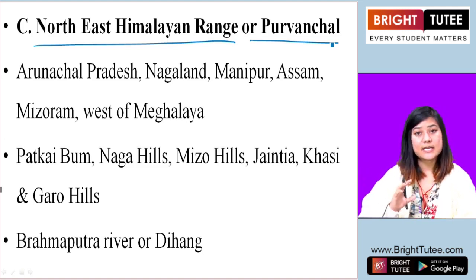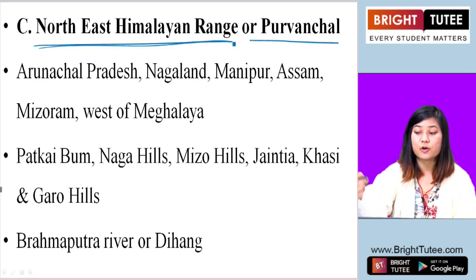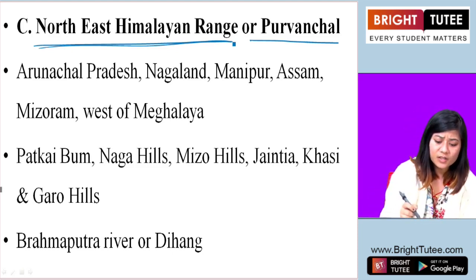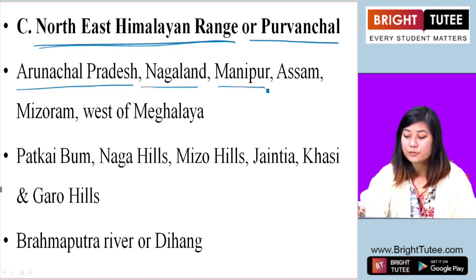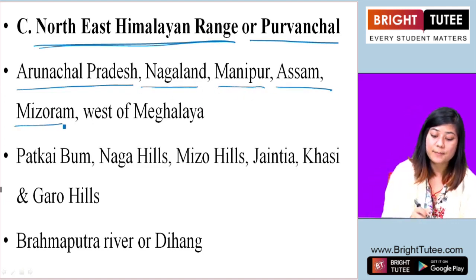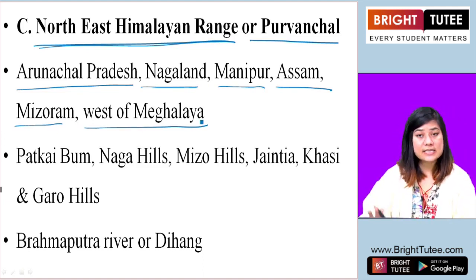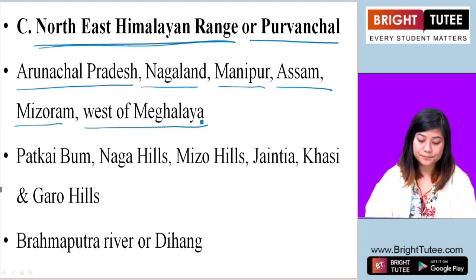This eastern part, which is called Northeast Himalayan range or Purvanchal, covers regions of Indian states which are Arunachal Pradesh, Nagaland, Manipur, Assam, Mizoram and west of Meghalaya. Okay, so these are the states of India that comprise the northeastern Himalayan range.